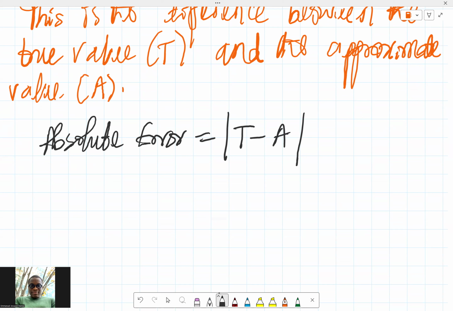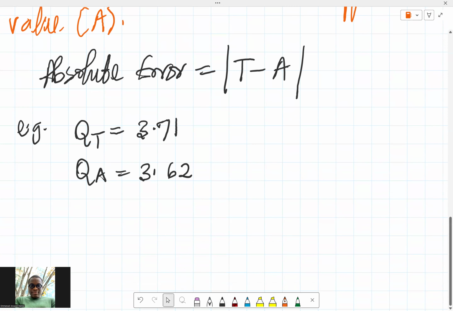If we are going to take an example, let's say that a particular quantity, let's call it Q. Let's say the true value of Q is 3.71, while the approximate value, QA, is now say 3.62, maybe based on some kind of approximation.